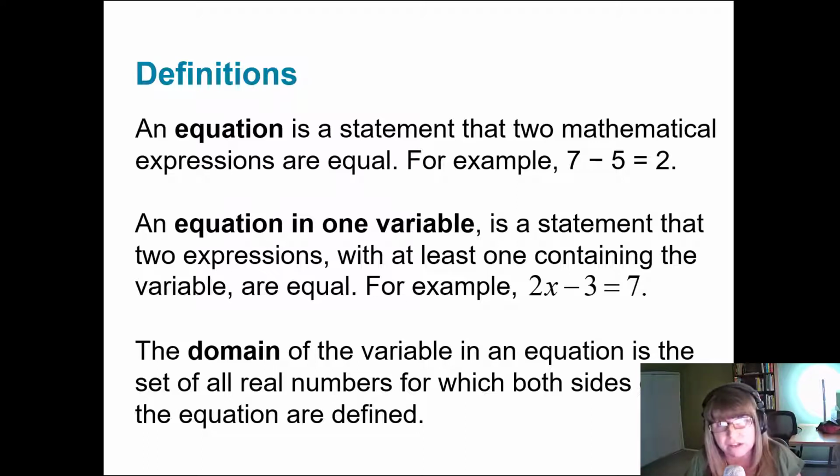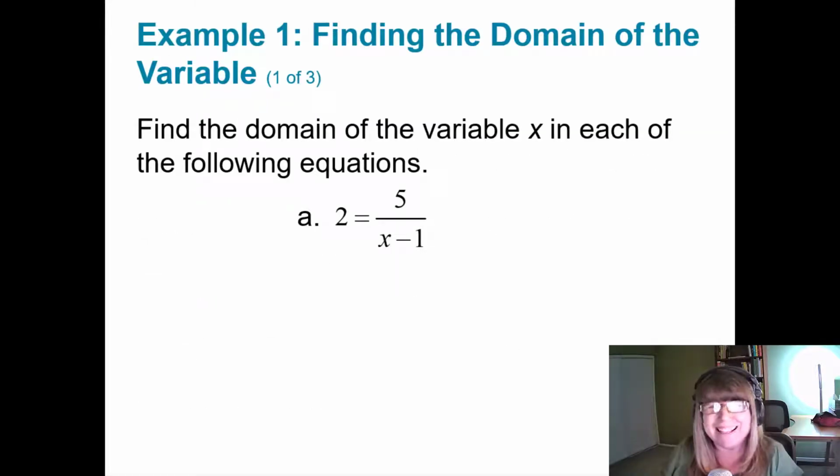We're in another set of numbers. So we want to stay in the real numbers. So the domain is all the values for x that make that equation, number one, true, and to fit within the real numbers. Let's take a look at an example to find the domain of a variable.